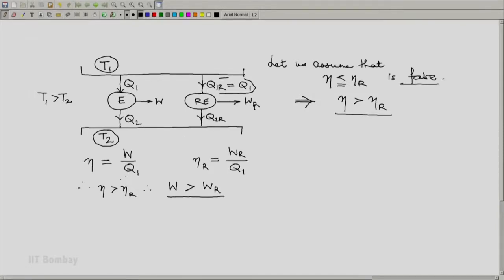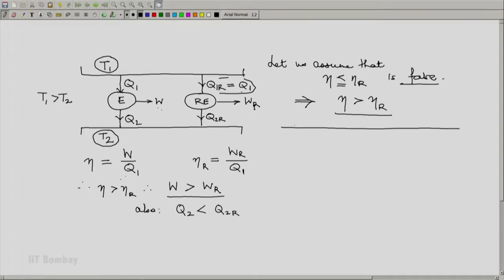And consequently, since the same amount of heat is absorbed, a larger amount of work is produced by this standard engine. Q2 must be less than Q2R. Also, we must have Q2 less than Q2R.